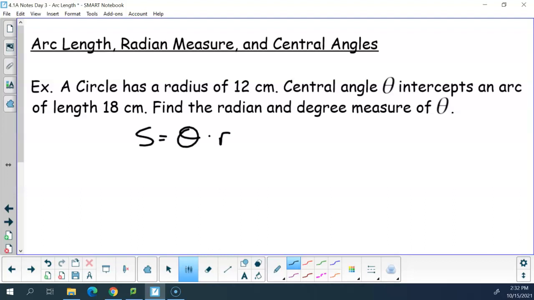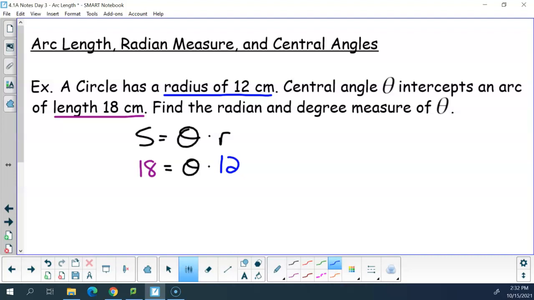Our arc length is 18. We don't know what theta is, but we know that our radius is 12. So divide both sides by 12.